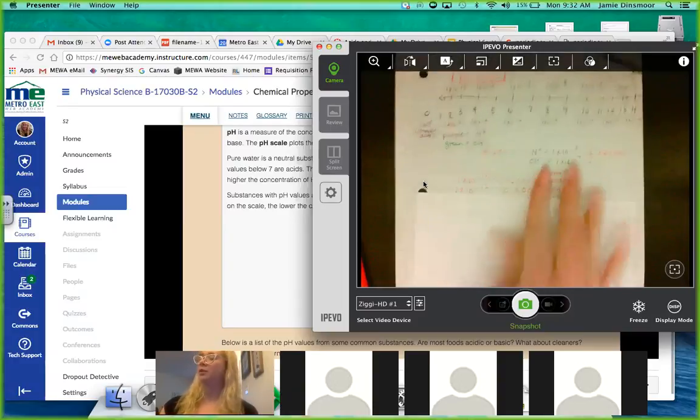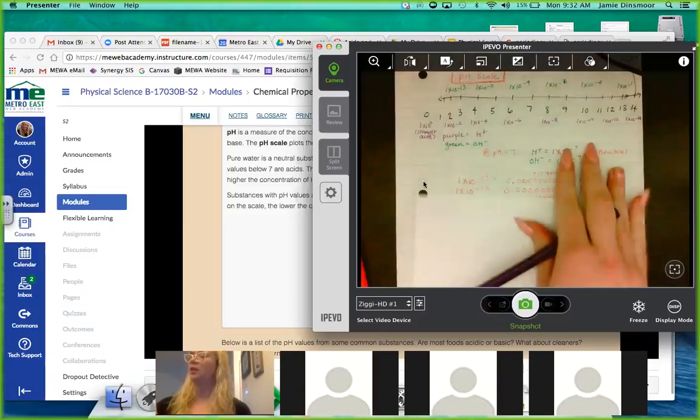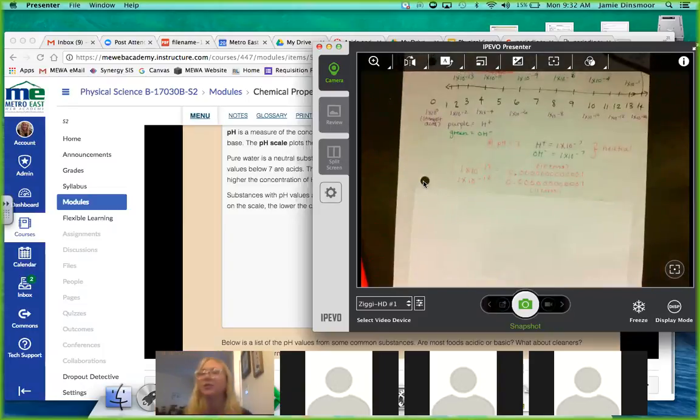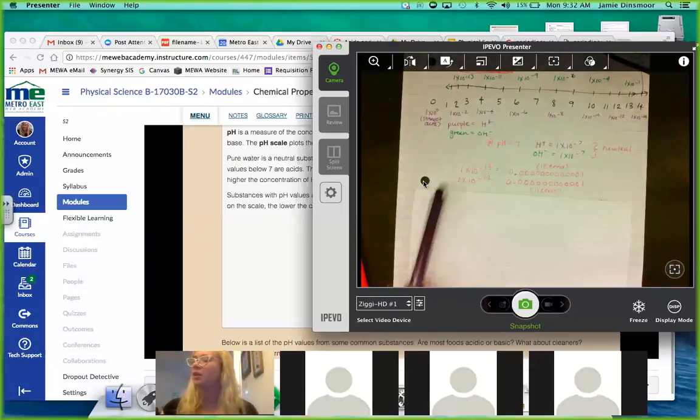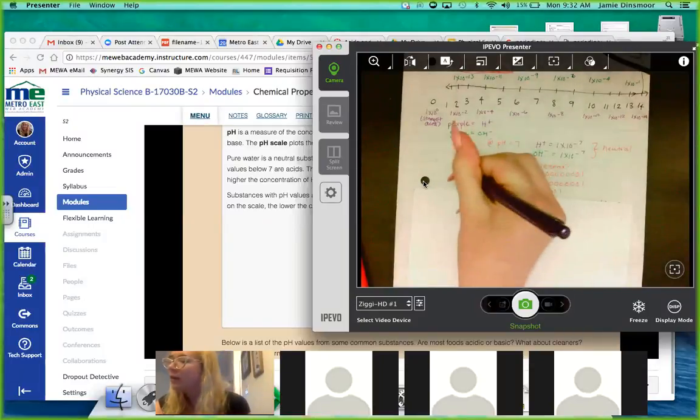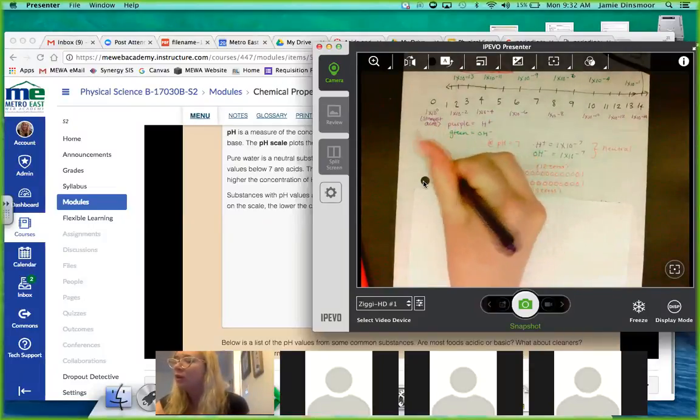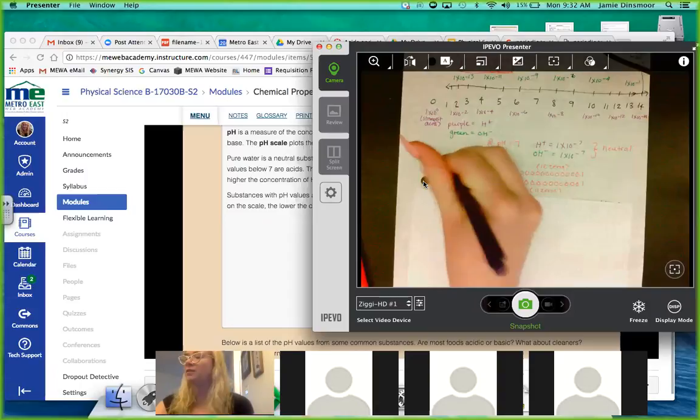Let's look at what these numbers actually mean. You can't really tell in here because I tried to write my zeros nice and evenly, but I didn't. The top one has 12 zeros, the bottom one has 11 zeros, right? I did 1 times 10 to the negative 13, which remember means you put the decimal place after the 1, and then you move it over 13 places.